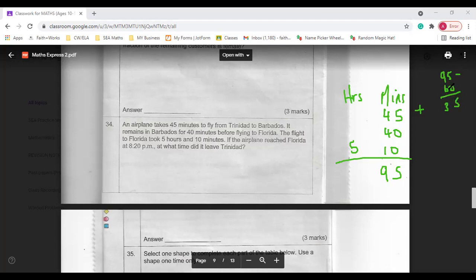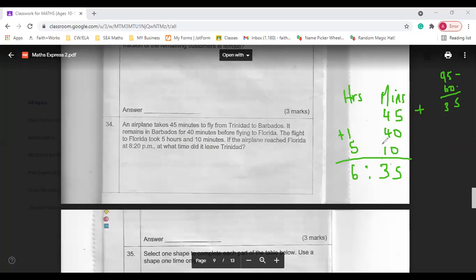And we carry over this 60 over here. So you add in a 1 here. So you're going to have 35 minutes, and so 6 hours and 35 minutes flying, leaving from Trinidad to Florida. It took 6 hours and 35 minutes.